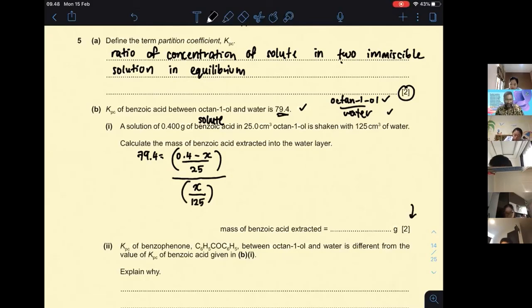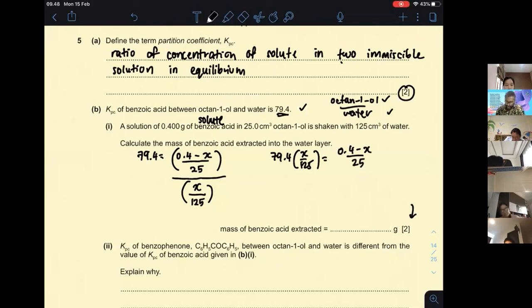And then you just need to find X. That's the mass of benzoic acid extracted into the water layer. So I think quite easy. So here 79.4 X over 125 equals to 0.4 minus X divided by 25.